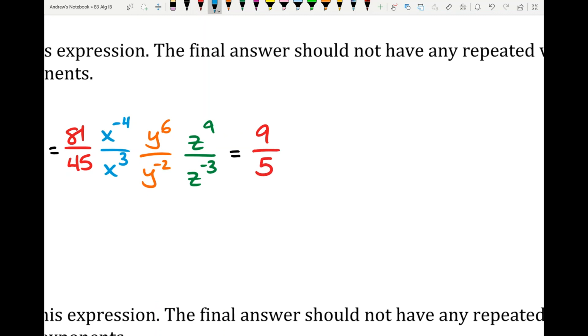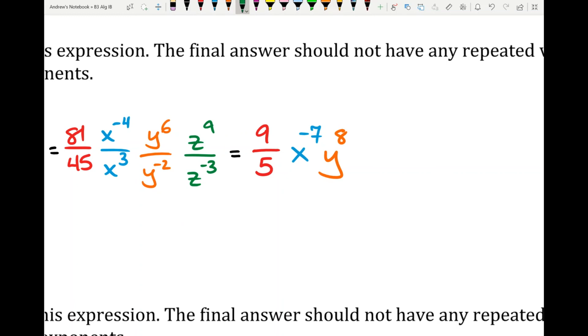As for the stuff in blue, if I had x to the negative 4th divided by x to the 3rd, it's like I'm doing negative 4 minus another 3, which brings me to negative 7. Same kind of deal with the orange. We had y to the 6th divided by y to the negative 2. So that's like 6 minus negative 2, and we know that turns into a plus. So it's actually going to be y to the positive 8.